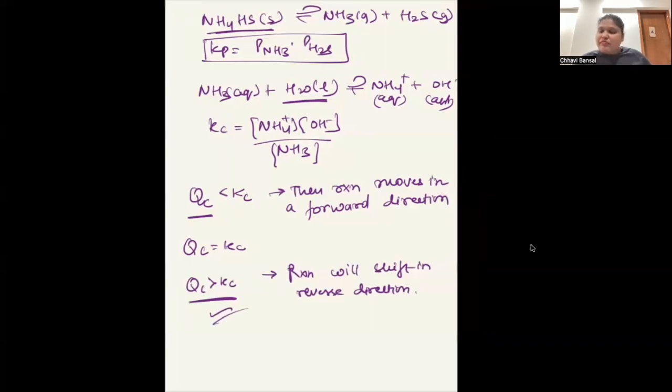Clear? Now, for example, why I'm talking about QC and KC: you are given this reaction. A plus B forms 2C plus D, all gases.